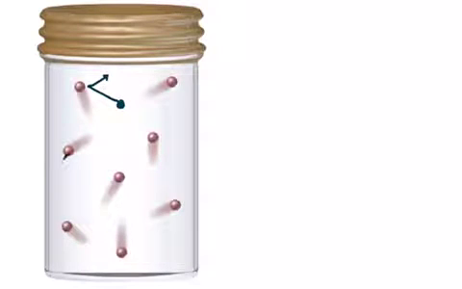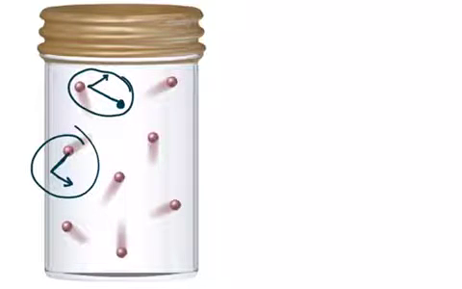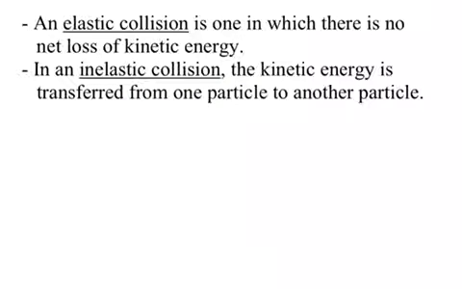For instance, if it hits the wall of the container here, depending on that angle, when it bounces off, it's going to also change direction, but it will still be in a straight line. So molecules can either hit each other, as you saw here, or they can hit the wall of the container. Now let's talk about the two types of collisions.